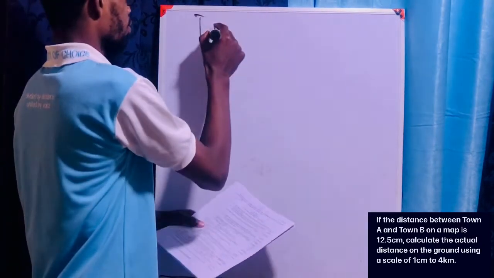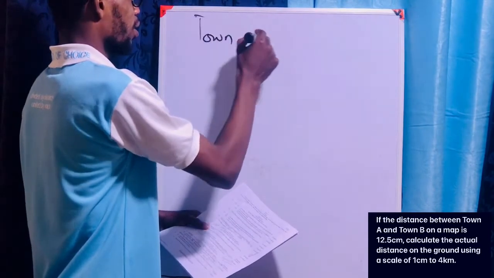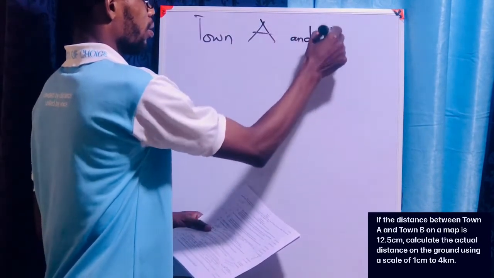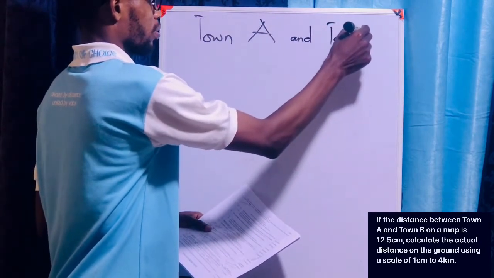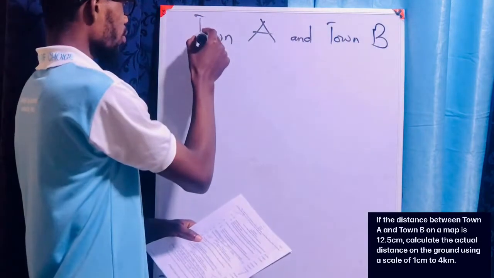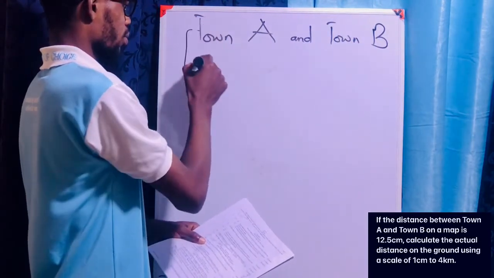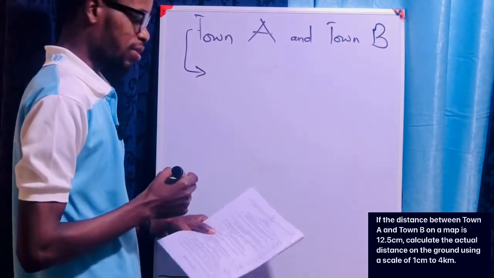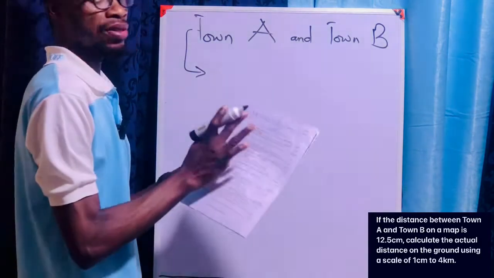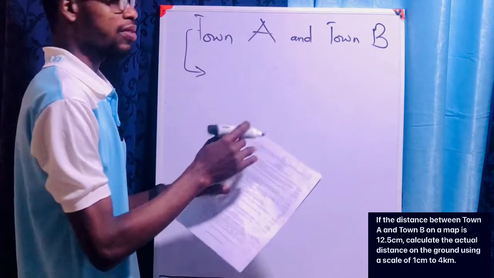So I have here town A and town B. The distance has been given. So they said on the map, that means paper or the map distance.